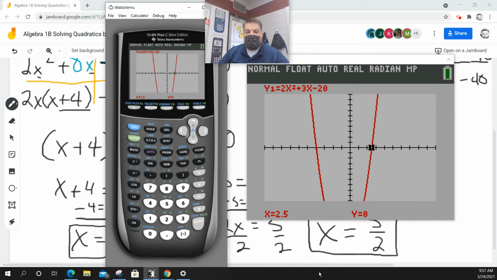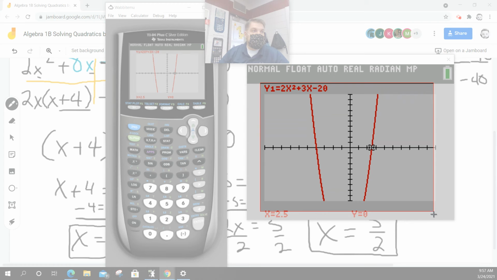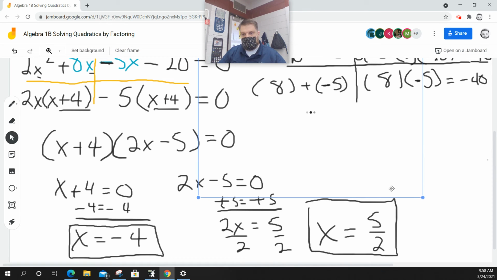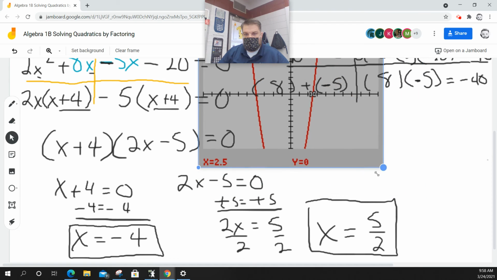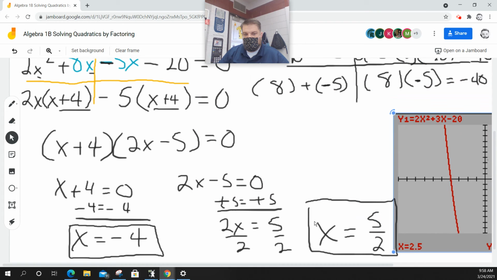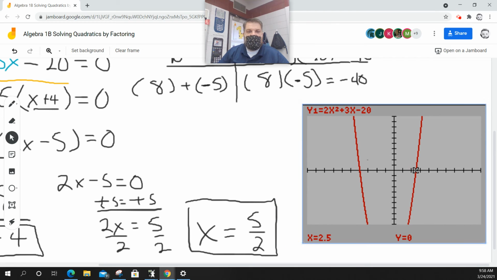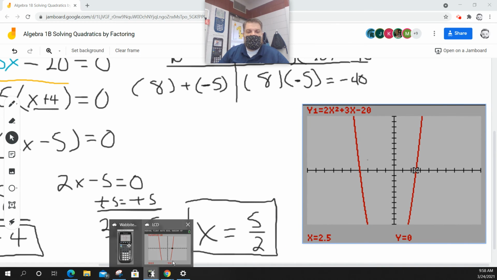Another way you could do that, let me take a screenshot of this because I want you guys to see all the relationships. So this is this equation.